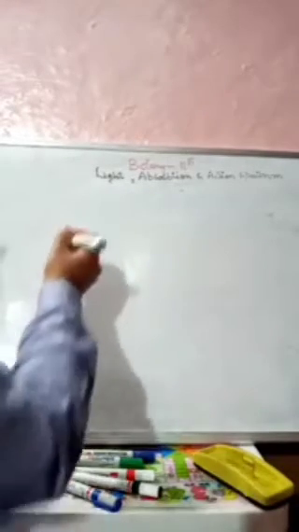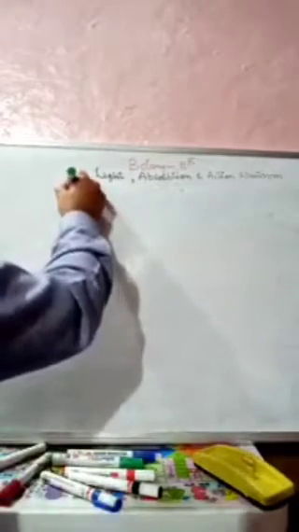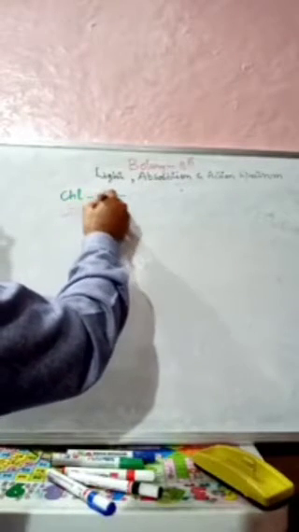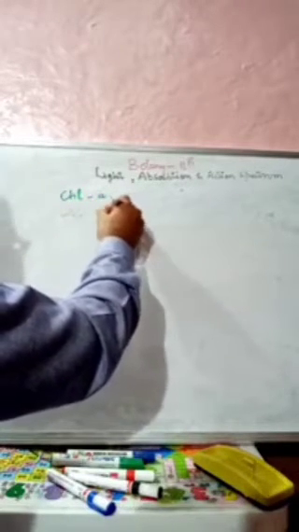We have different pigments. For example, this is chlorophyll A, with green color. Then one more, chlorophyll B, with black color.